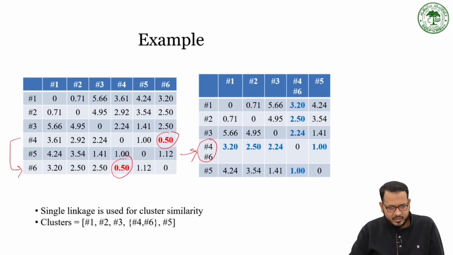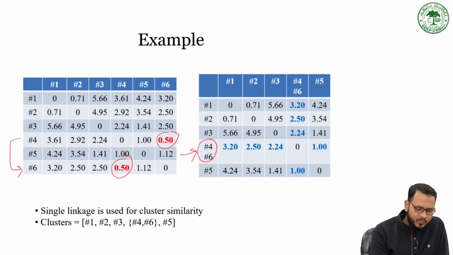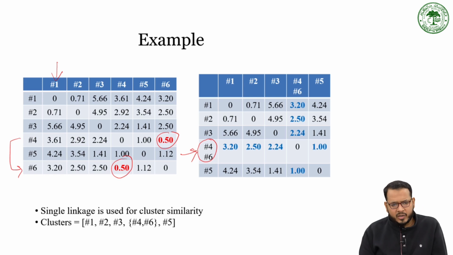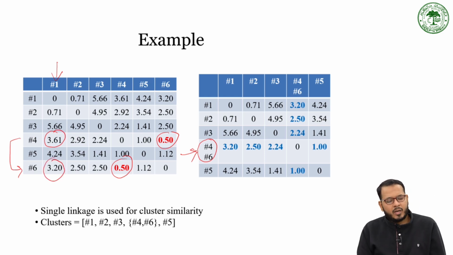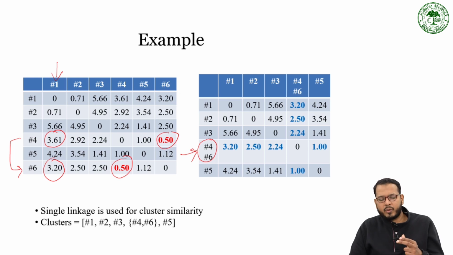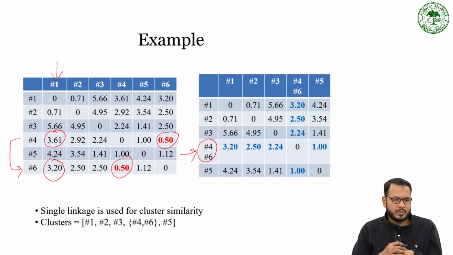This is how we update that. The rest of the values will remain the same, but we have to identify what would be the distance of cluster 1, which is an individual data point right now, from 4 and 6. So how far is 1 now from the cluster 4 and 6, not the data points 4 and 6, but the cluster 4 and 6.